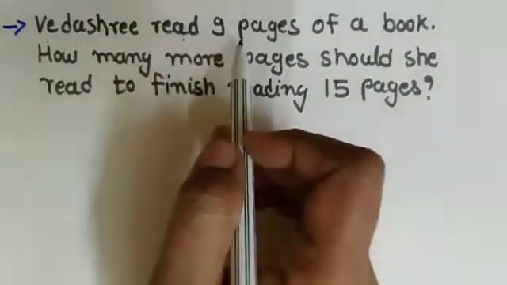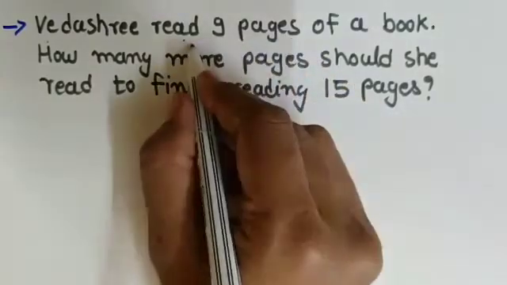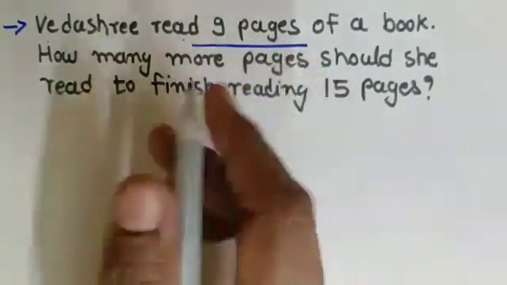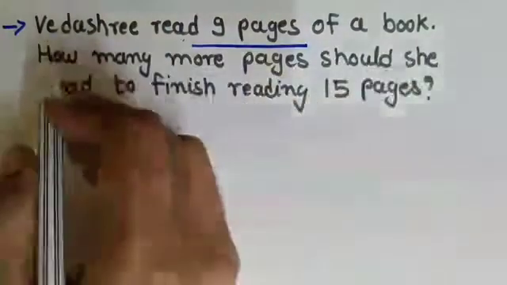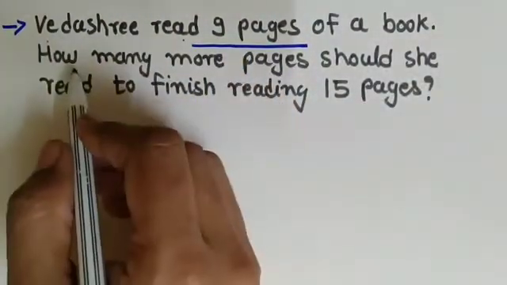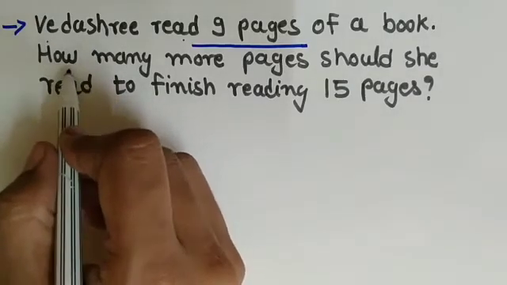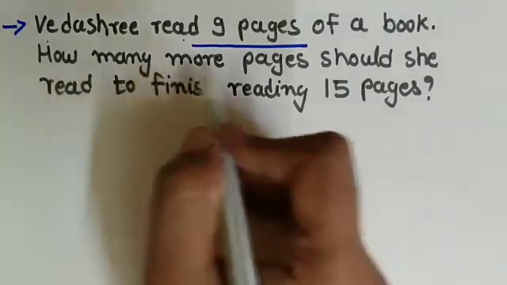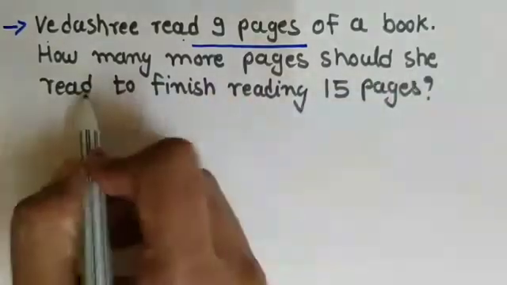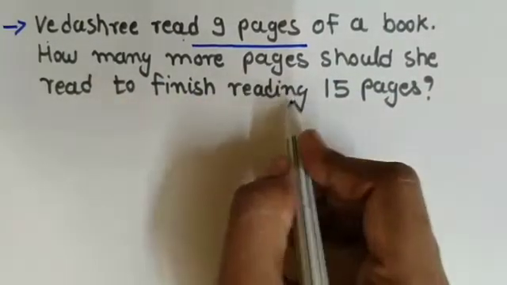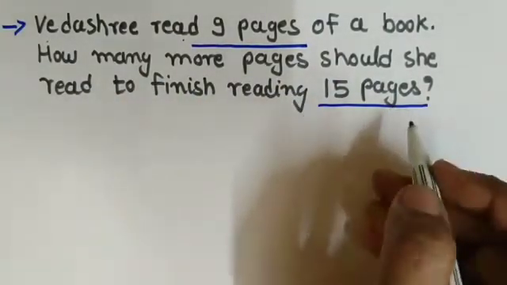Let's read it again. Vedashri read 9 pages. Means she has finished reading 9 pages of a book. It is given. Anything else given? Let's read it again. How many more pages should she read to finish reading 15 pages?